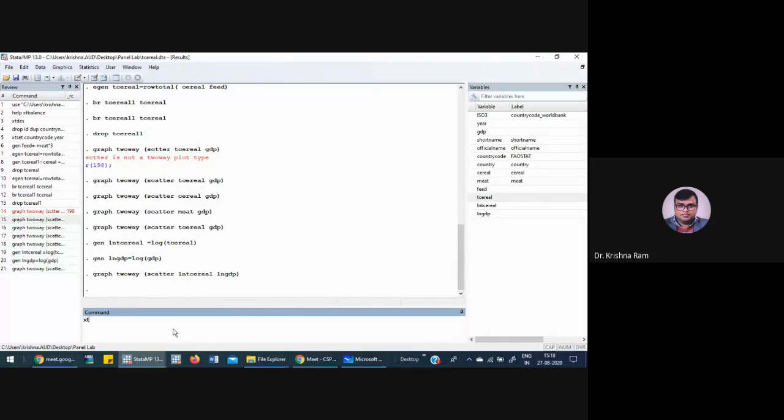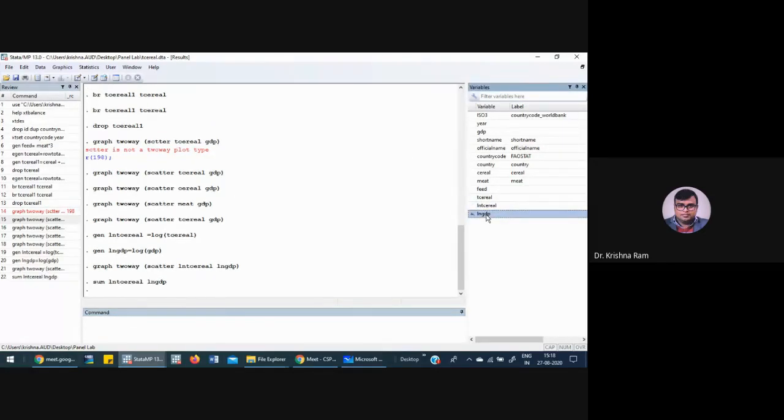So the first task with us will be to calculate a summary of all the variables. Since you are working with the two variables only, let's calculate summary of log cereal and log GDP.